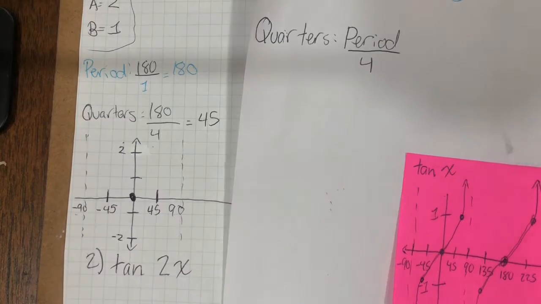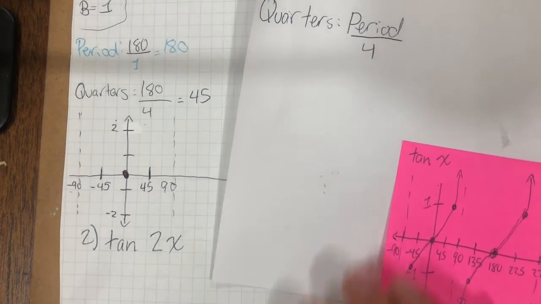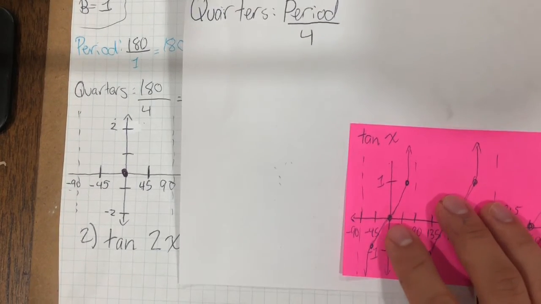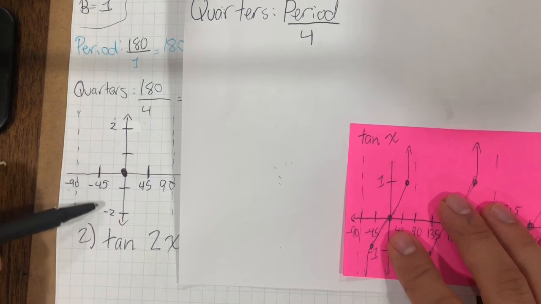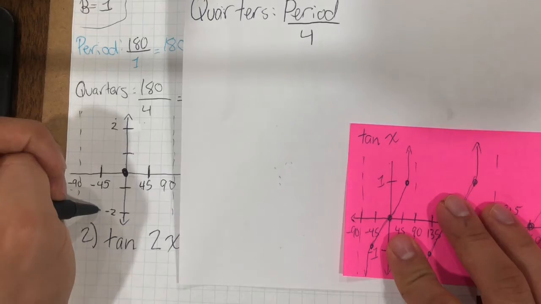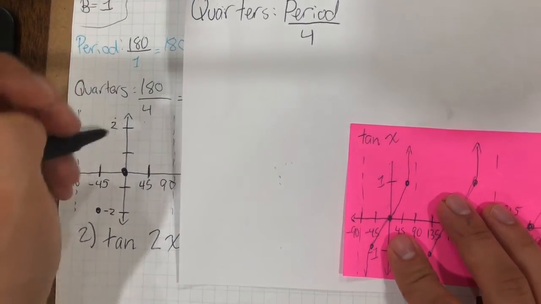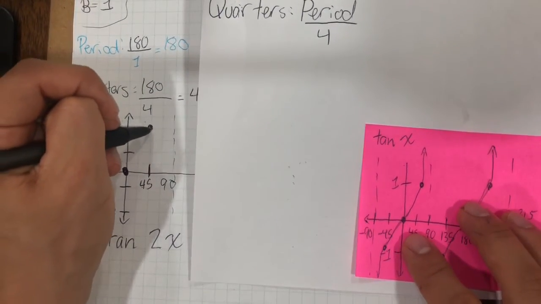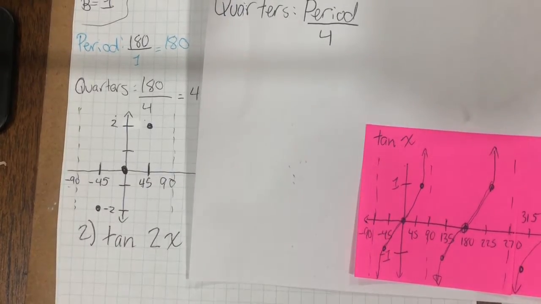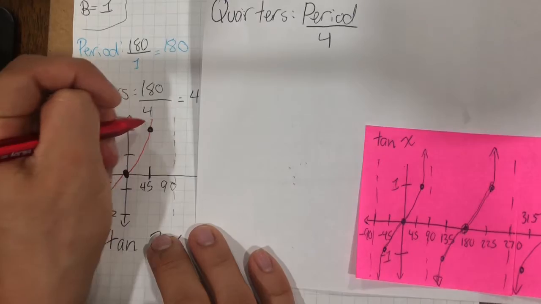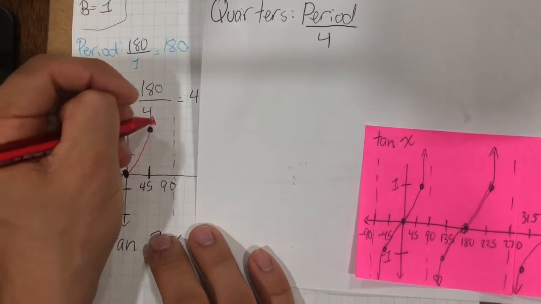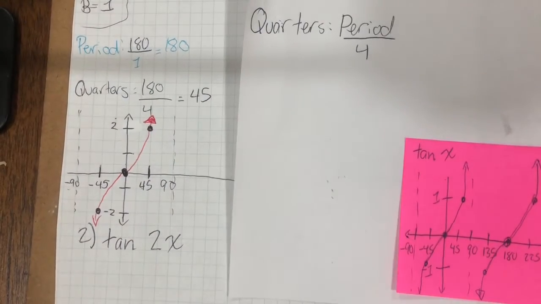Now I'm going to use the pattern from the original graph: mid, low point, and then the high point. I'm going to use a red pen and connect the points. All right, so that's one graph.